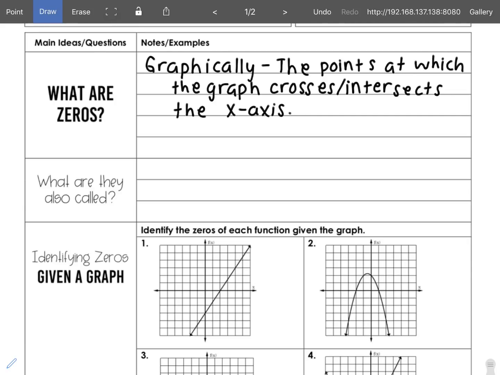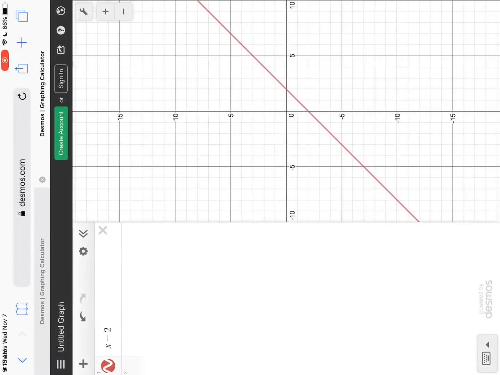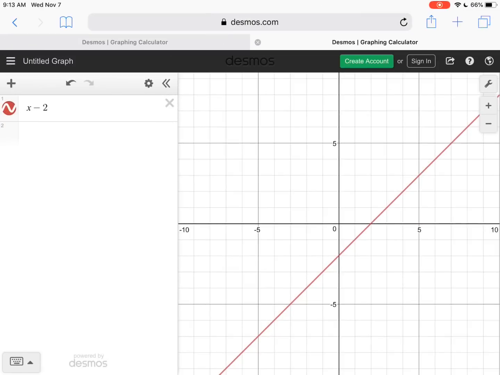Okay, so let's take a look here at Desmos. So if we're looking at this graph, it is y equals x minus 2. On the left-hand side you can see x minus 2 is what this graph looks like. So where do you see a zero?